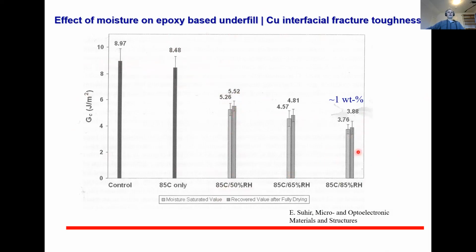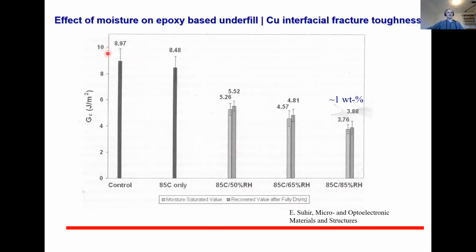And the main point here is that this left bar, the lighter gray bar, is the moisture saturated value, and then the right, slightly darker gray is the recovery value. So basically, even if you drive out the moisture, the interfacial strength has permanently decreased.